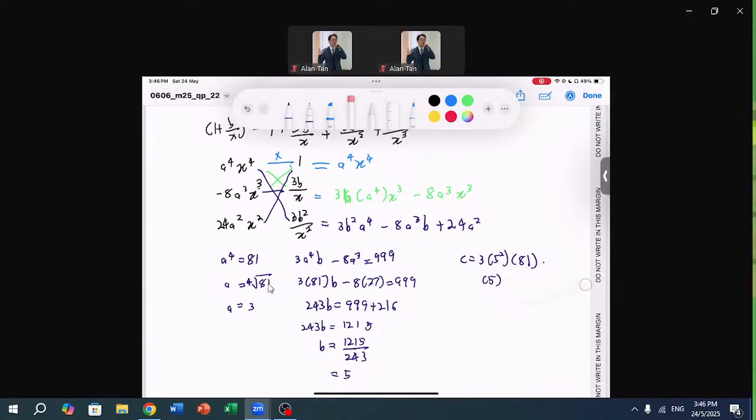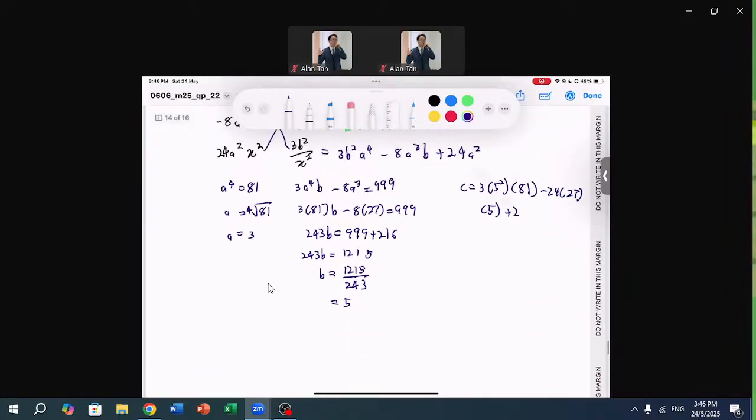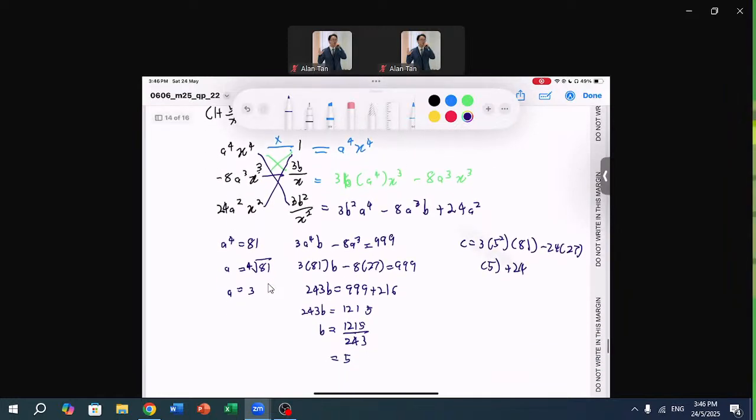This should be negative 24. 24 times 27 times 5 plus 24 a square plus 24 times 9. So for this one, you're lazy, just press calculator.